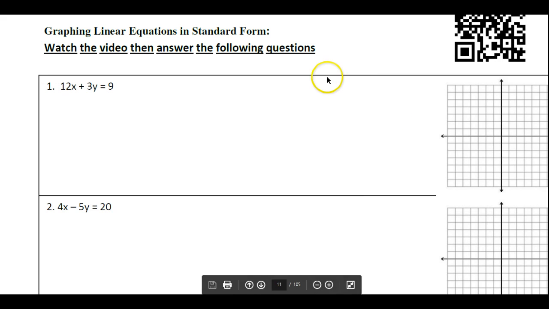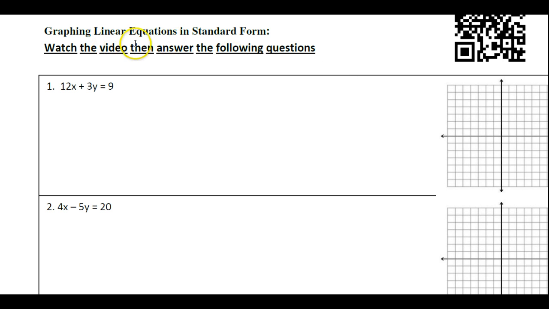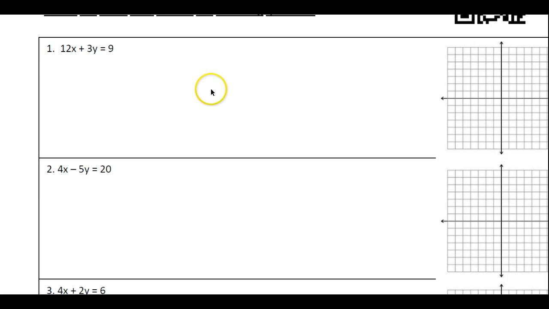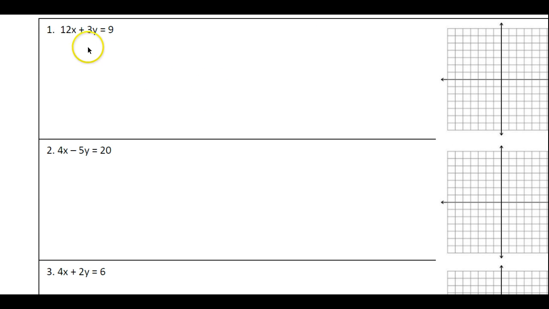Okay, on this next page, they want us to graph these linear equations when they are in standard form. Now, they said they were linear equations, so they're going to be a straight line.